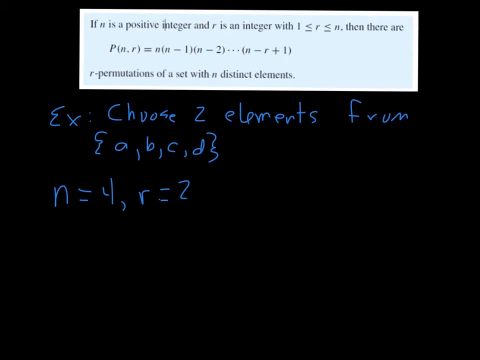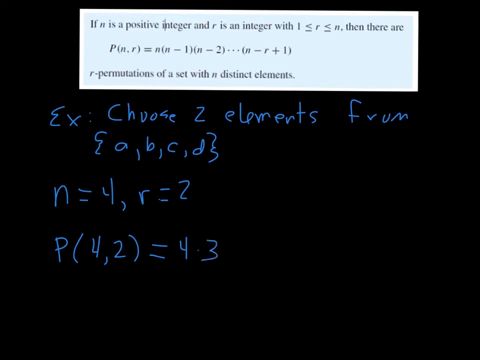So I'm counting permutations of 4 objects taken 2 at a time. If I follow the definition up there, it's going to be 4, and then I just keep going down: n times n minus 1 times n minus 2, so I would have 4 times 3.